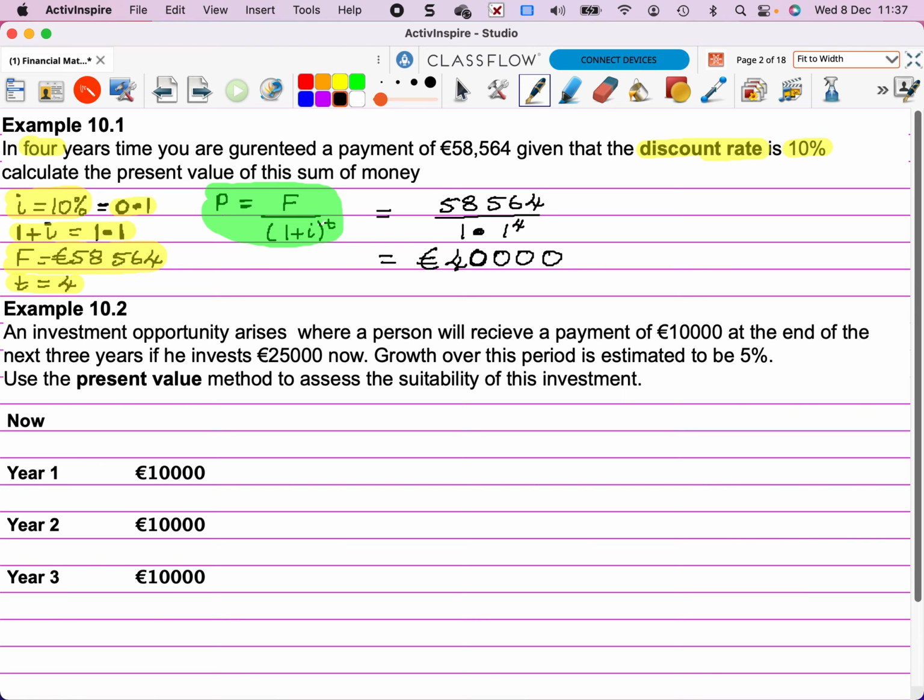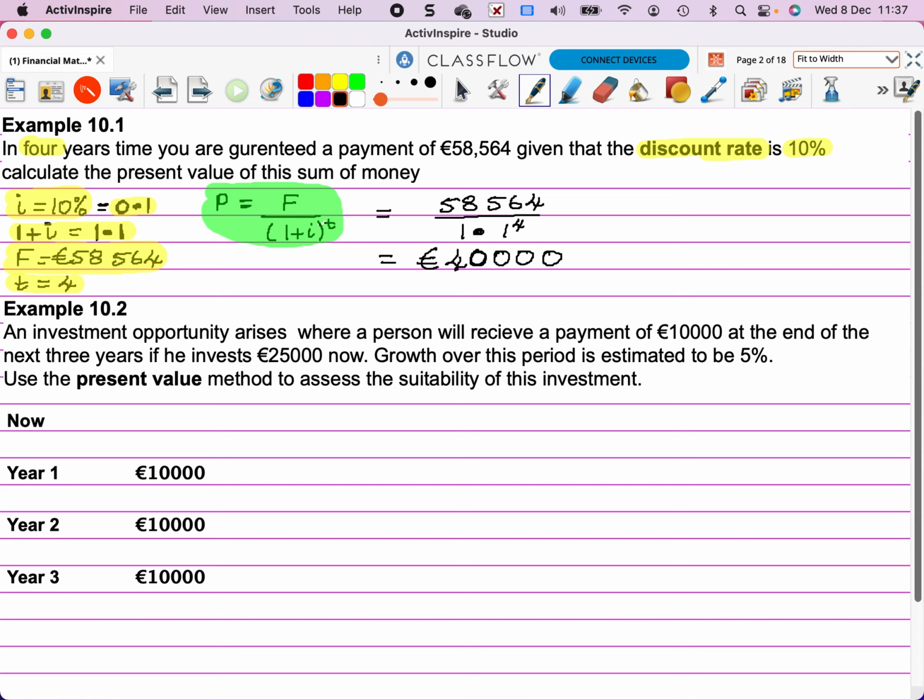An investment opportunity arises where a person will receive a payment of 10,000 euros at the end of the next 3 years if they invest 25,000 now. The growth over this period is 5%, and it says use the present value method to assess the suitability of this investment.